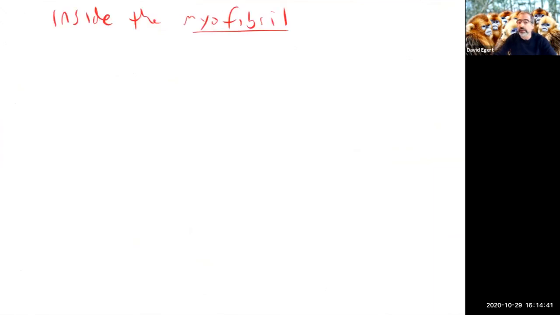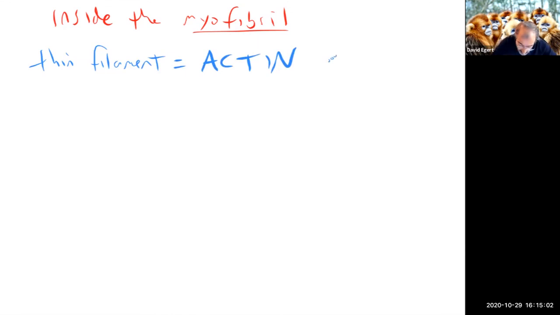All right, inside the myofibril, we have to introduce some basic proteins that make them up. The thin filaments, actin. Actin is made up of these little subunits which connect up.